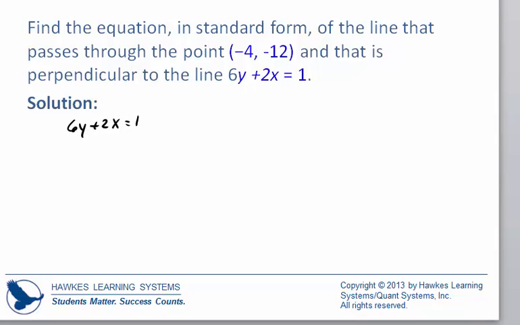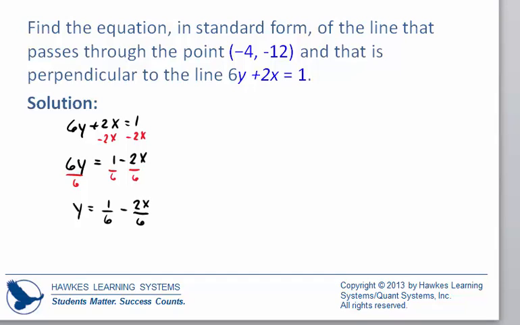Now, I'm going to go ahead and put this in slope-intercept form, which means I'm going to solve it for y. So I'm going to start by subtracting 2x from both sides, which is going to give me 6y is equal to 1 minus 2x. Then I'm going to divide each term by 6, which is going to give me y is equal to 1/6 minus 2x over 6, which I'll worry about reducing in just a minute.